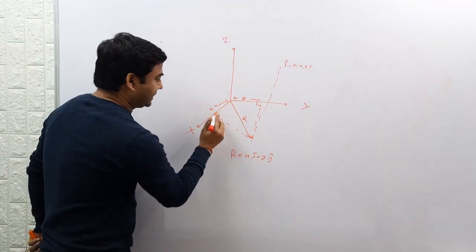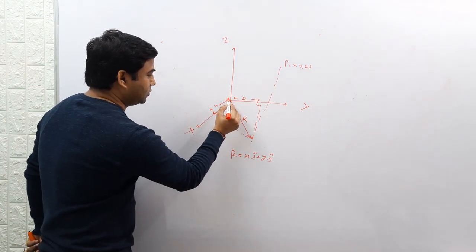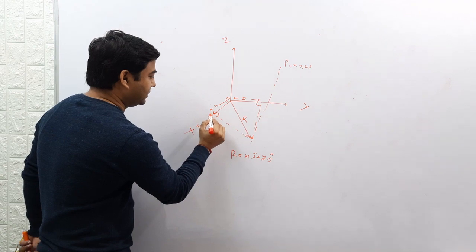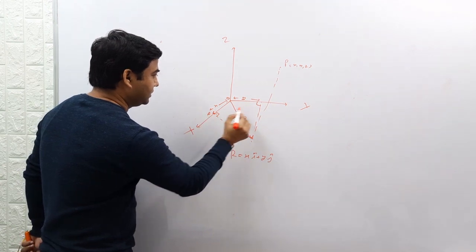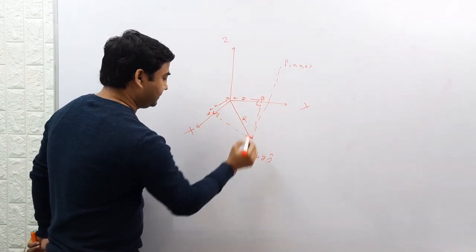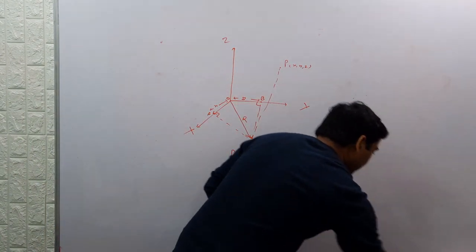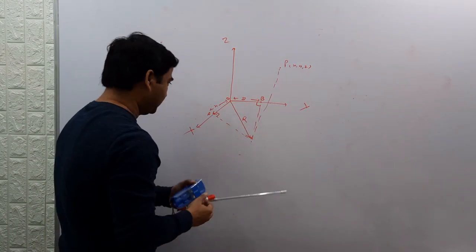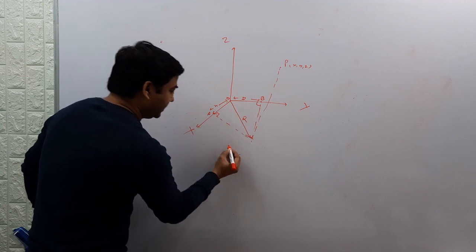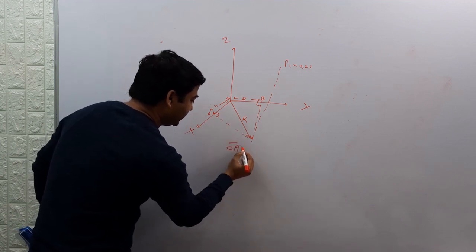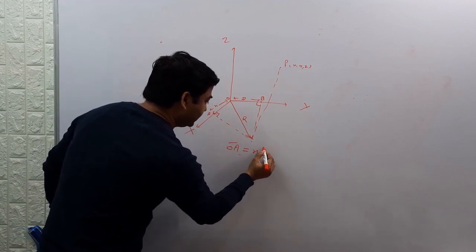So this vector, from O, let us say this point is A and this point is B. We can write vector OA is equal to xi.